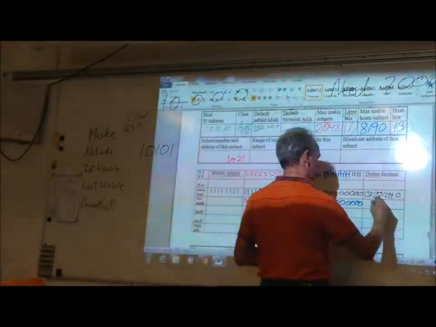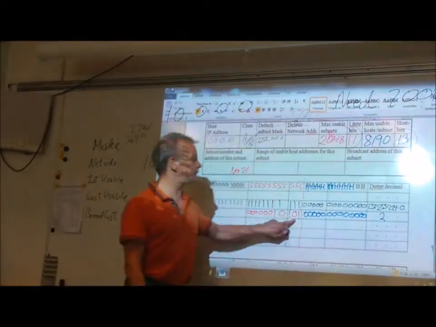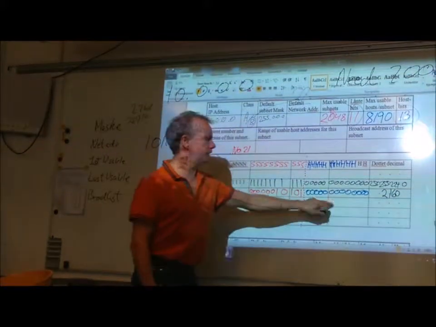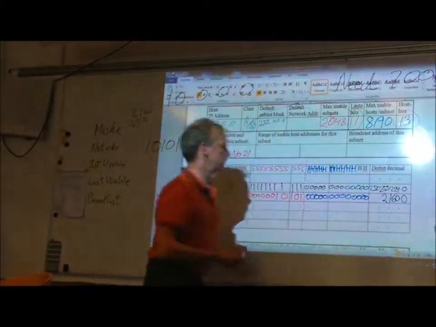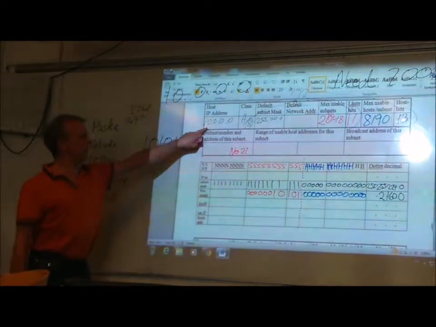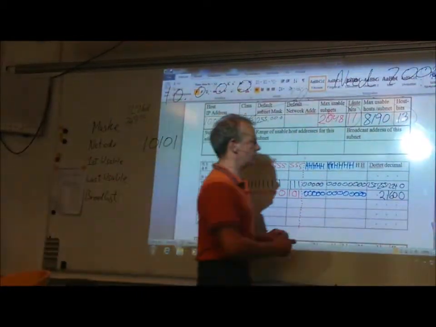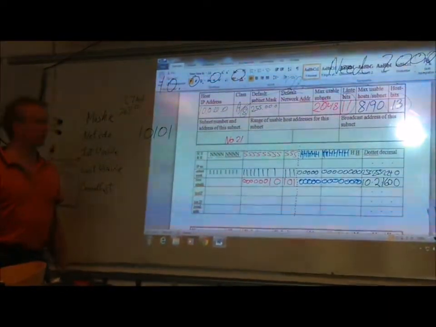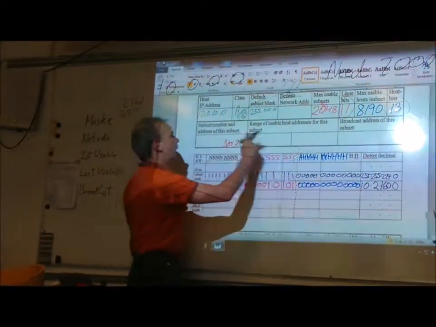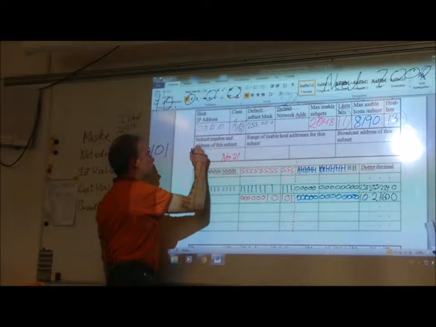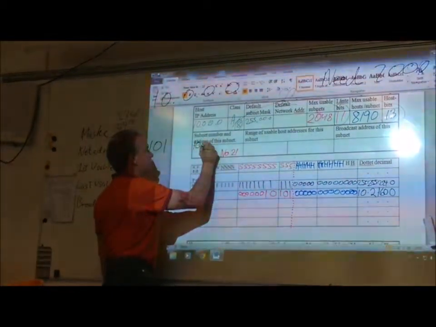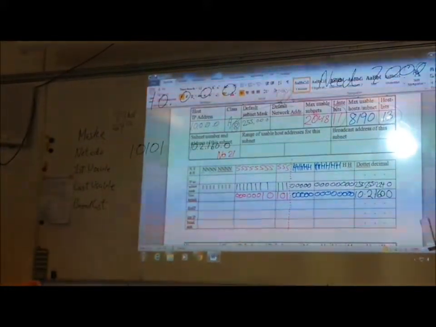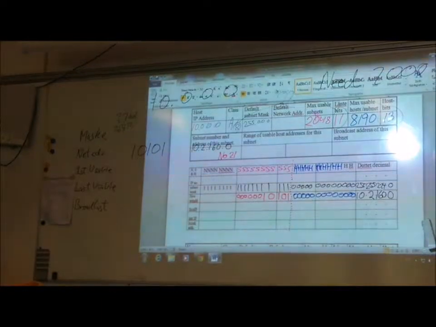The other one is 160. This box is 0. The 10 from up here are network bits, so they do not change. Just write them here. Which gives me, in total, the network address of the 21st network: 10.2.160.0. That is my network address of the number 21 network.